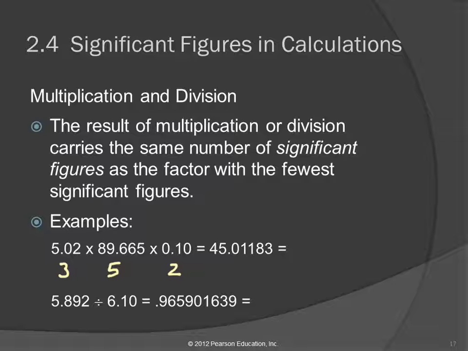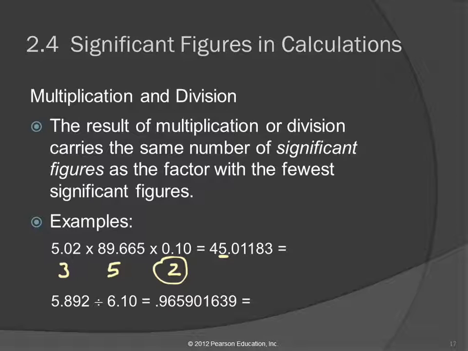Now this is the hard part. Which is the smallest number, 3, 5, or 2? 2. Okay. The smallest number. That means we need to round our answer to 2 digits. So the 4 and the 5, we're going to keep 2 digits.